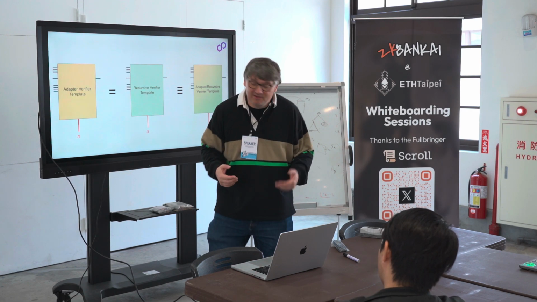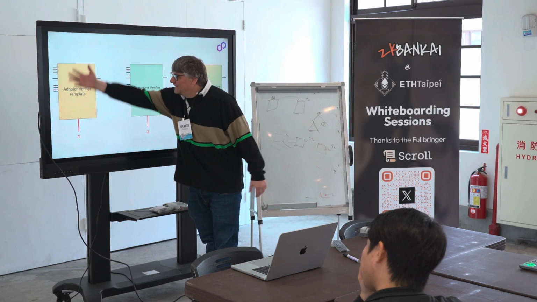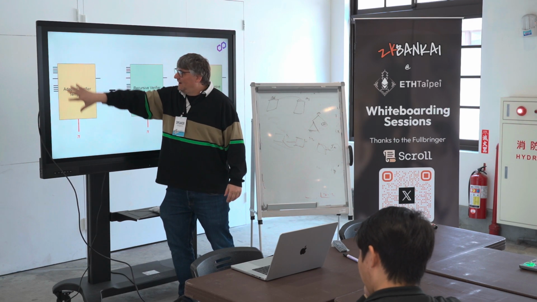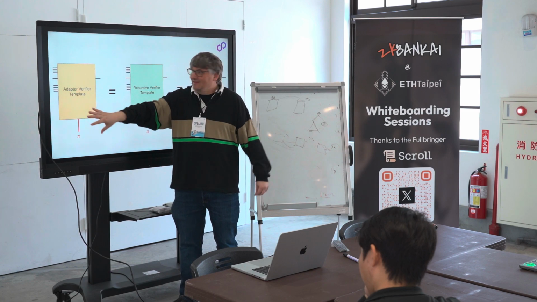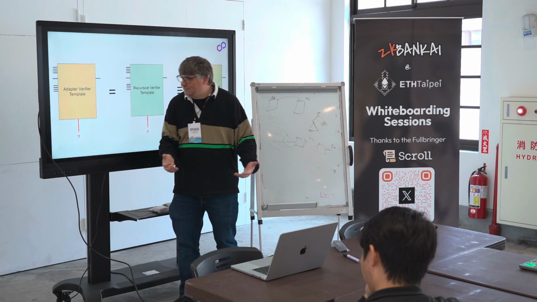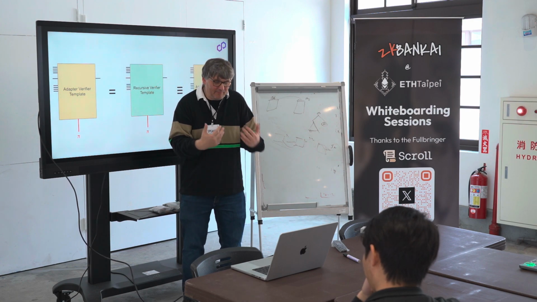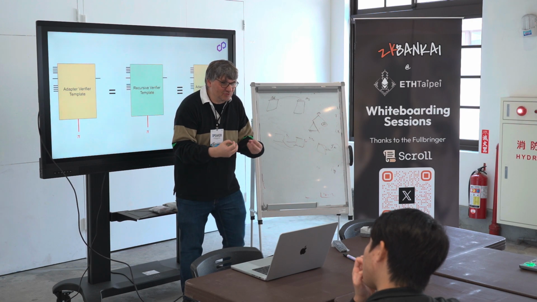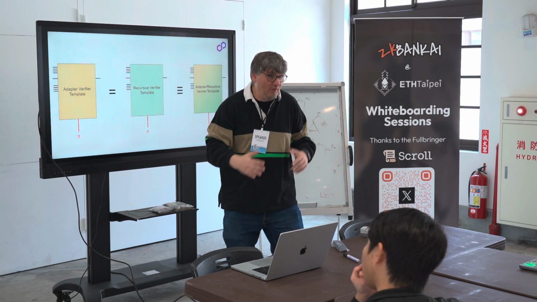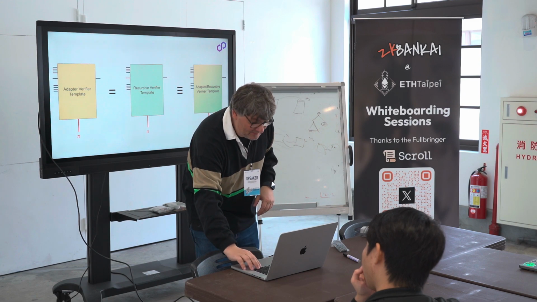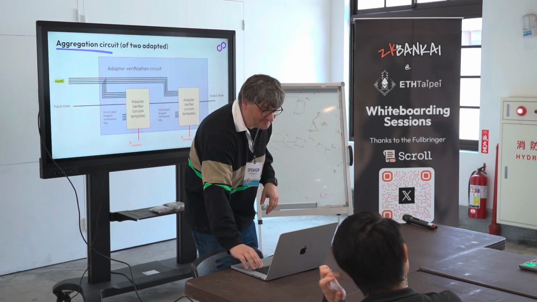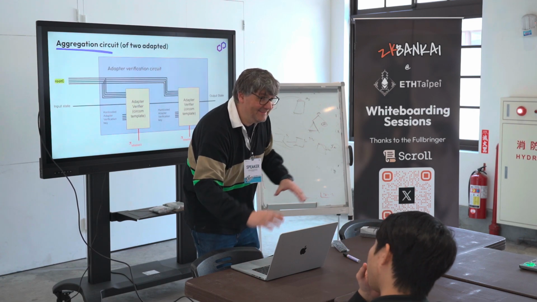But the cool thing is that they have exactly the same public inputs, so the same inputs and outputs. And I can make it have the same structure. Actually, I can make it exactly the same. If you see the circuit code of the green circuit and the yellow circuit, it's exactly the same.